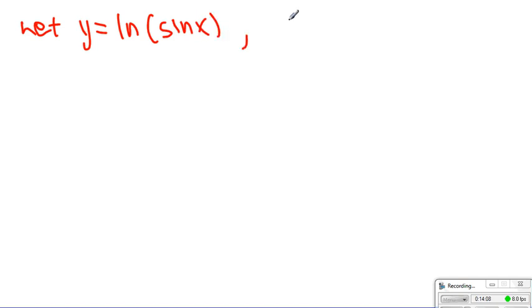What if I were to say let y equals ln of sine of x, where sine of x, in this case, has to be positive. Then how can we find dy over dx? In fact, this is not as difficult as it looks.